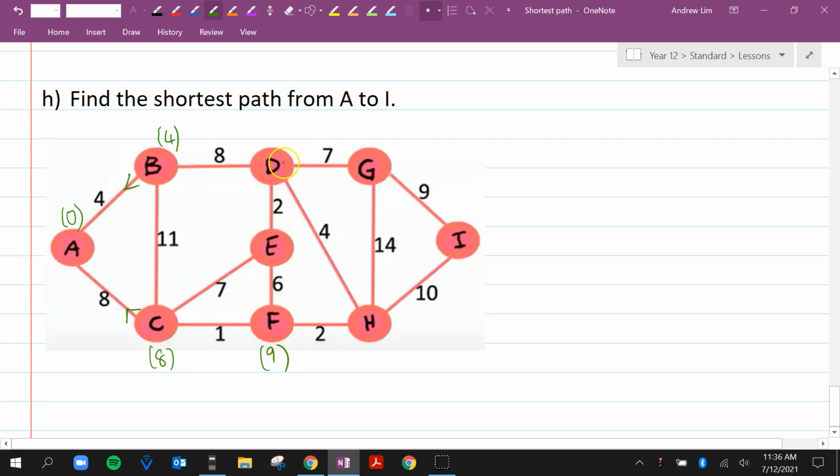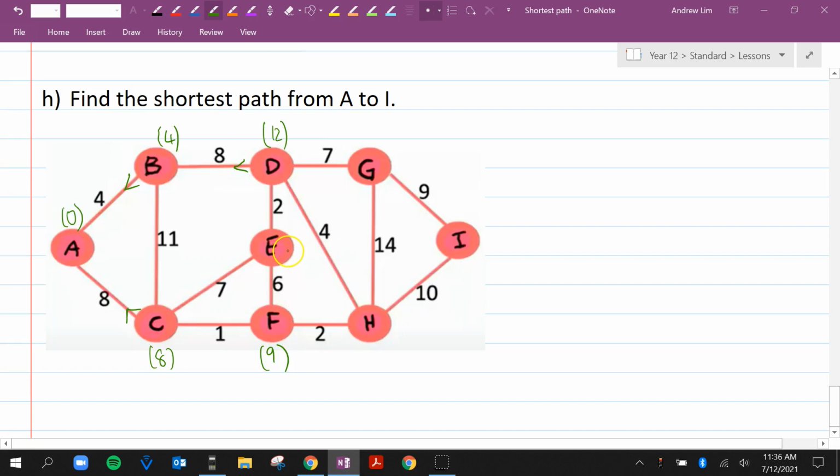Let's see, D would be 12, because 9 plus 2 plus 4 is 15, which is more than 12. 9 plus 6 plus 2 is 17, which is more than 12. Yep, so it's going to be 12 from this 8.